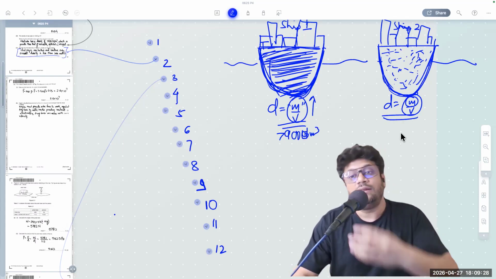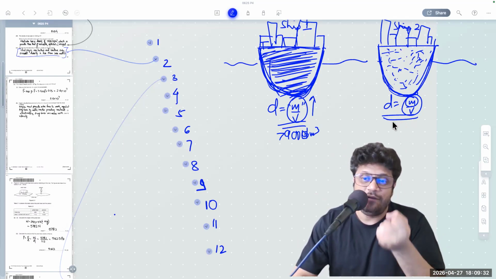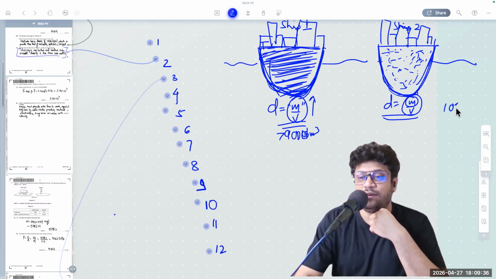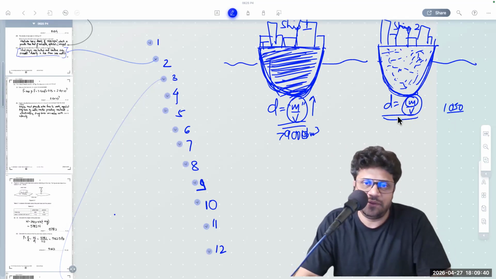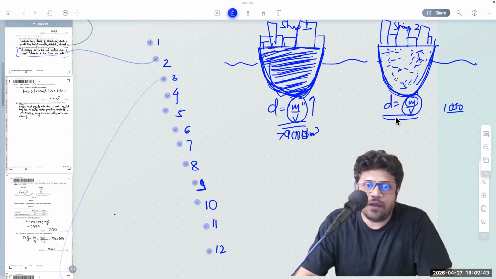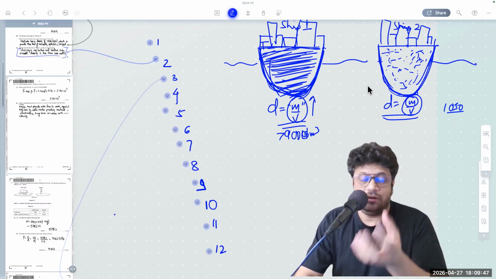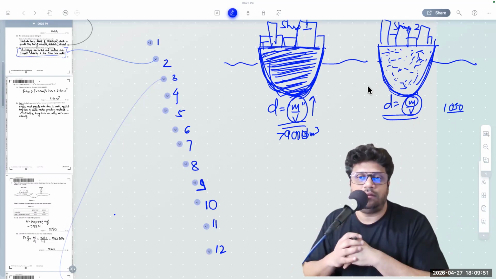Try to figure out the density of this thing. It will come out to be far lesser than that of water. Water is about 1030. The density here is going to be far lesser than that. And that is the reason why a ship or these large vessels float on the seawater.